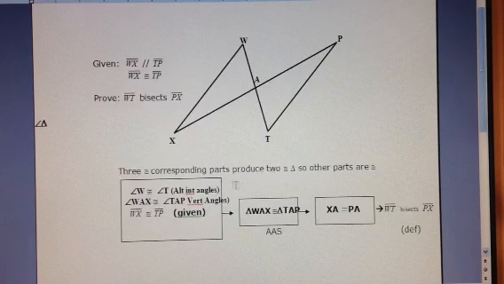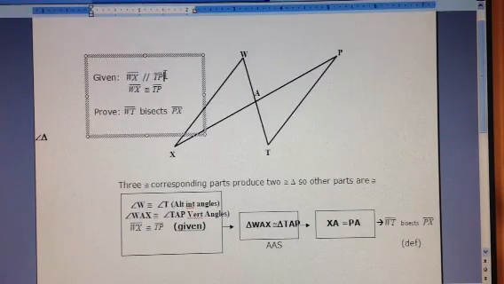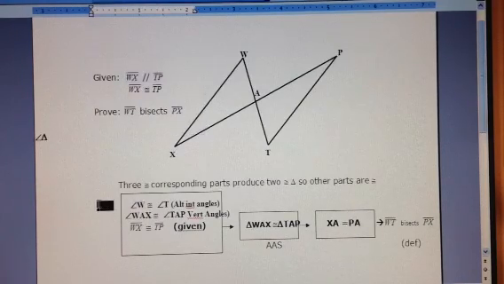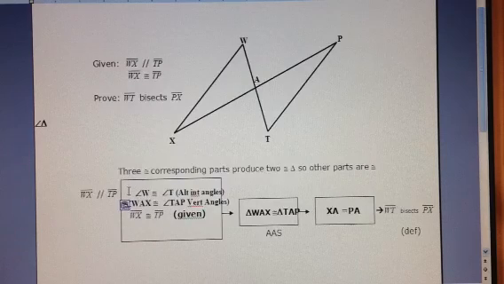So to recap that, we have parallel lines, which technically I suppose we could type in over here further. We would say something like WX is parallel to TP, and that was given information, so I could write given down here.